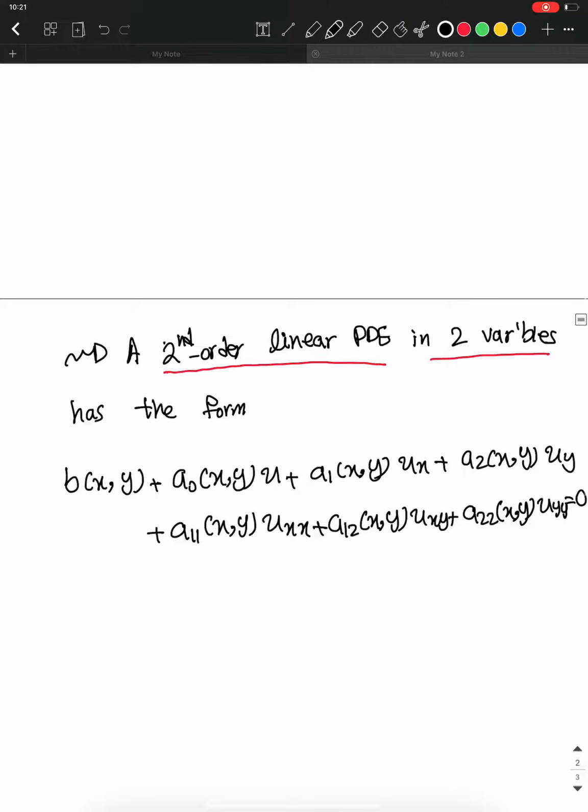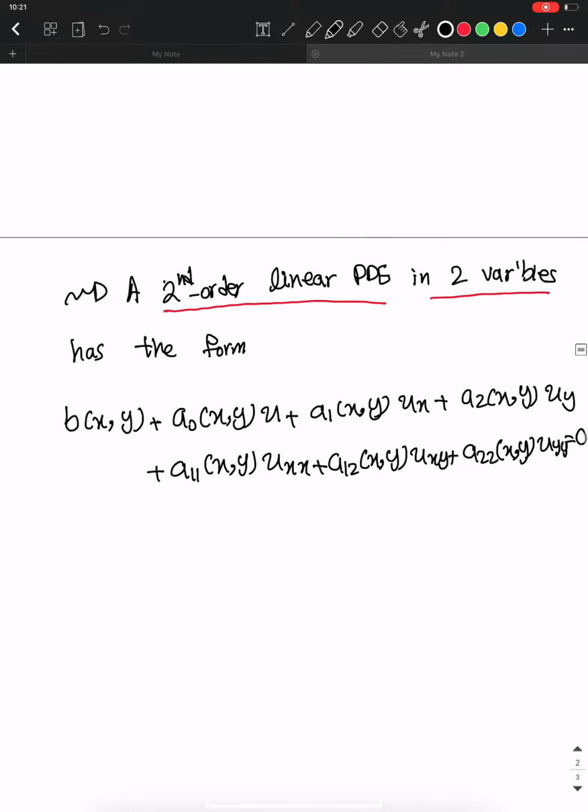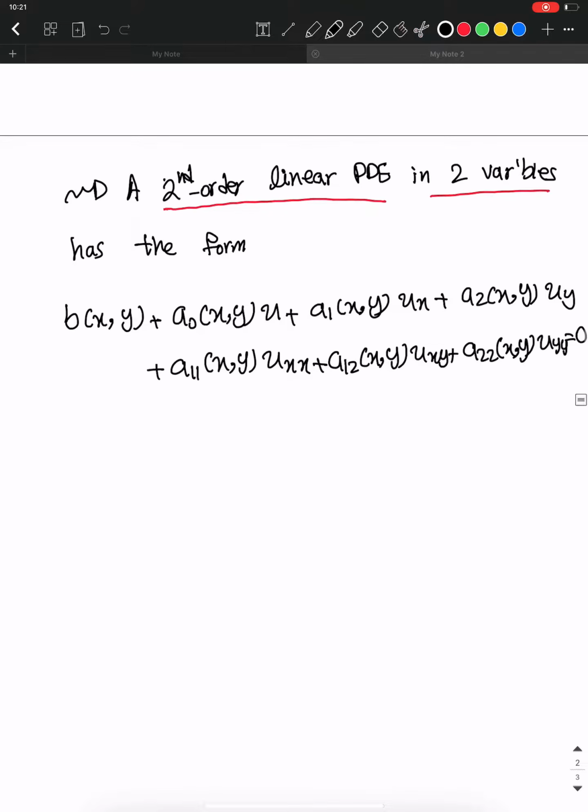Okay, so if we have a linear PDE, then this is going to be the form of a second order linear PDE.